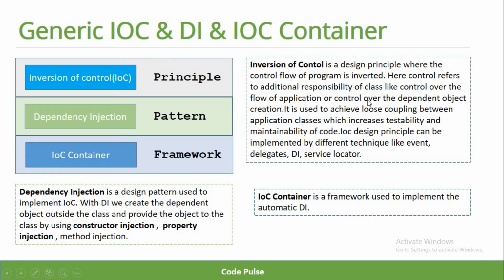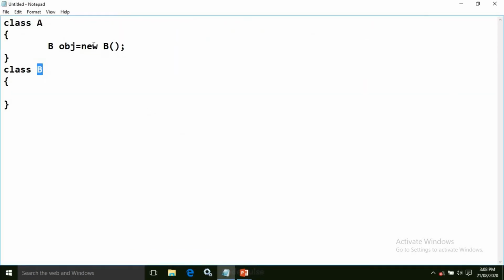Next we have control over the dependent object creation. Here, let me give you an example. Suppose there are two classes, class A and class B. Now you want that the object of class B will be used in class A. That part means the object creation part.